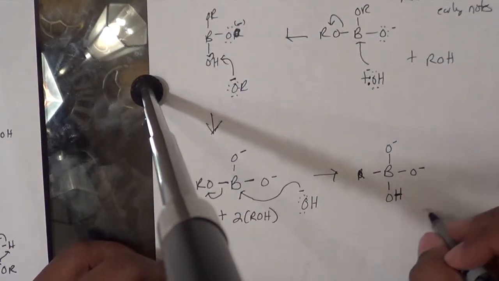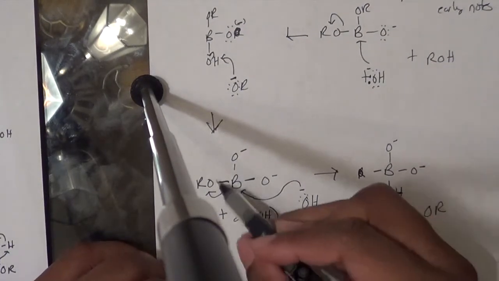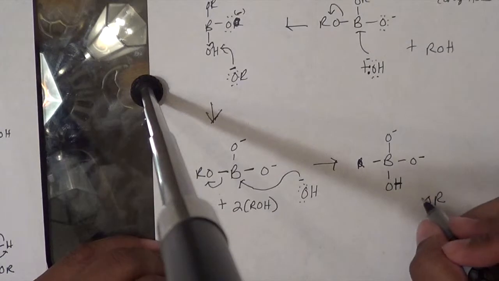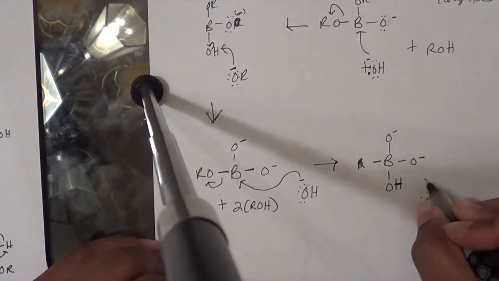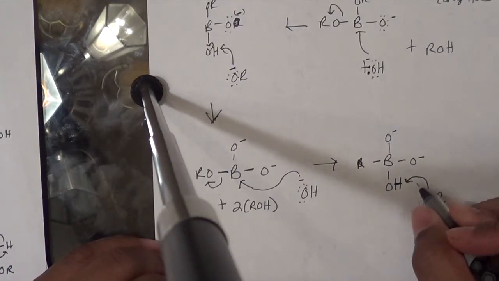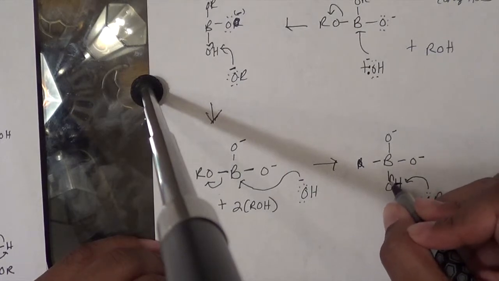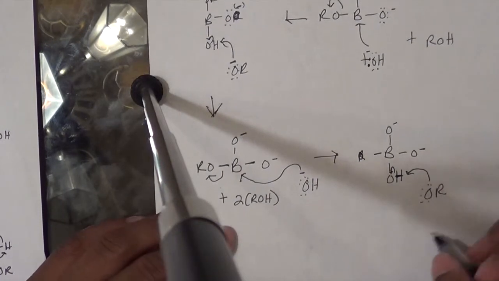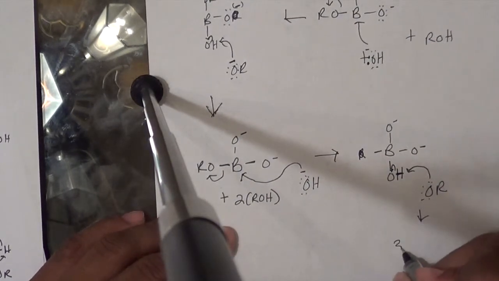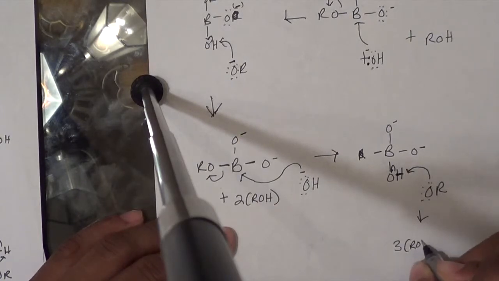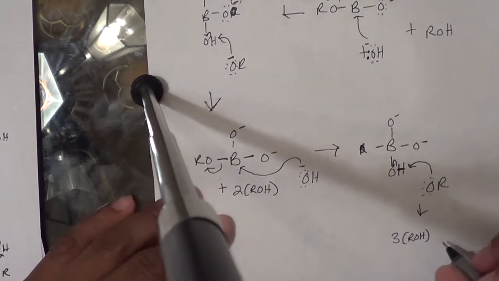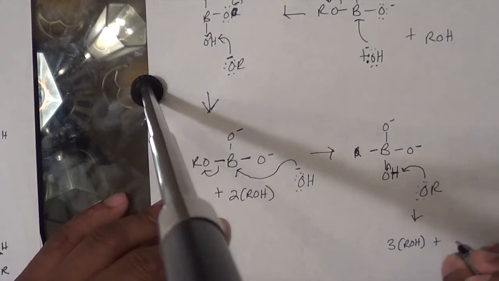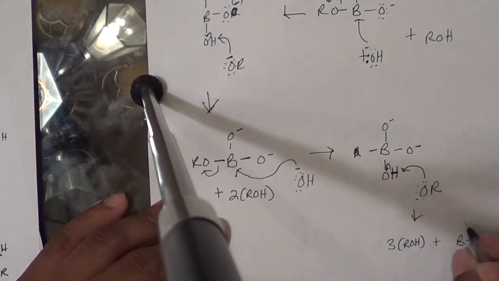And the OR that was plucked off here comes back in again, attacks that hydrogen, and this bond here goes back there. So now we're left with 3 alcohols, 3 moles of alcohol, plus B, O minus.